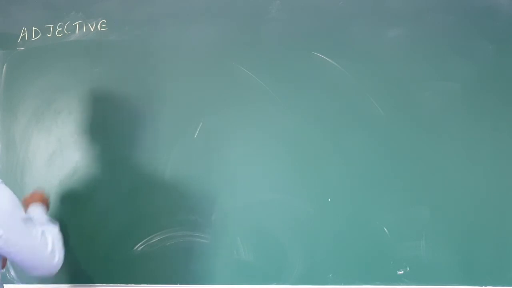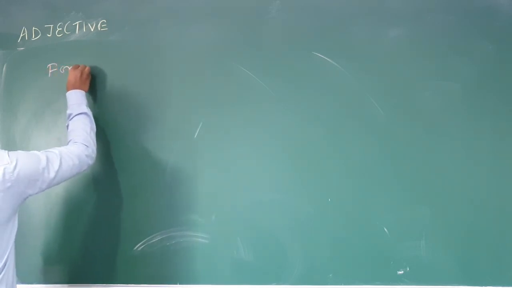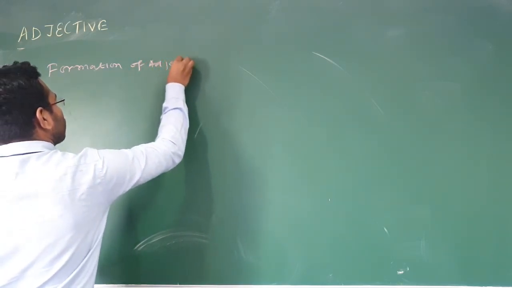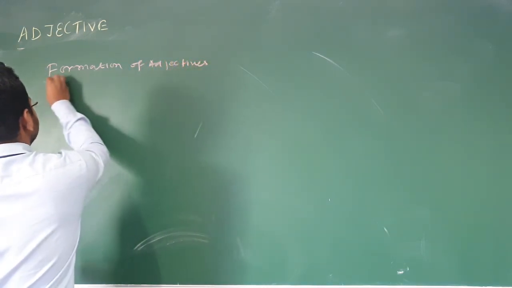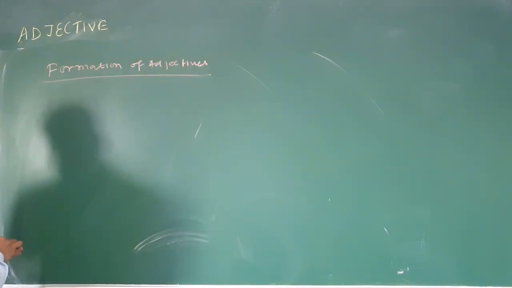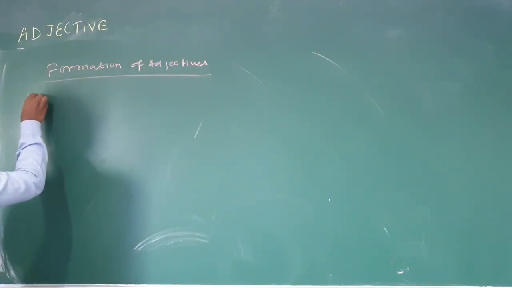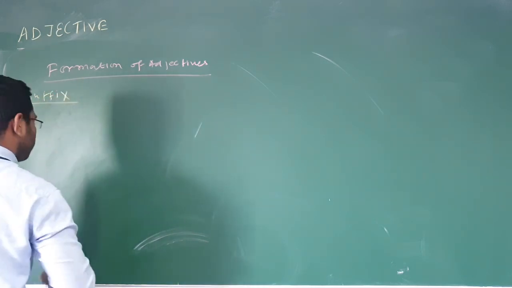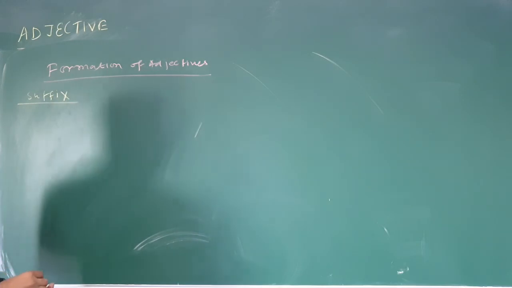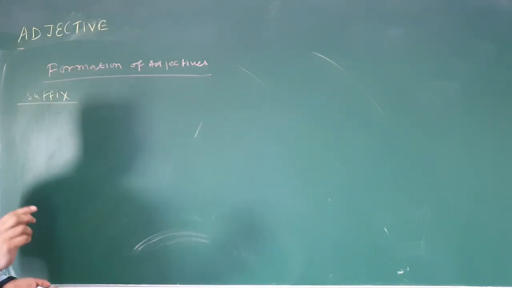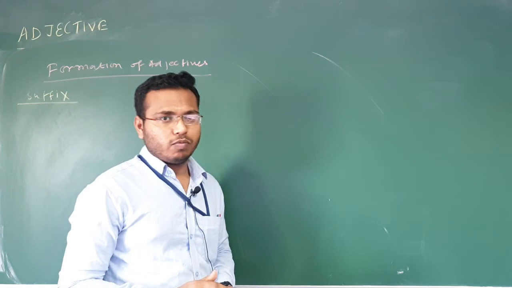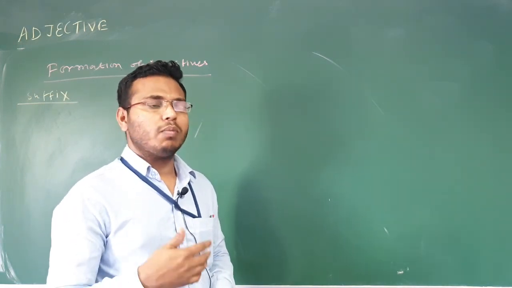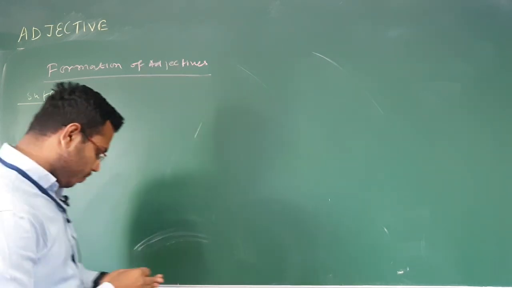So we can say formation of adjectives. Formation of adjectives. So what we can do, we can use some suffixes. Suffixes are words, or a unit of word basically, that are added to another word and that changes the meaning or grammatical profile of a word, right?